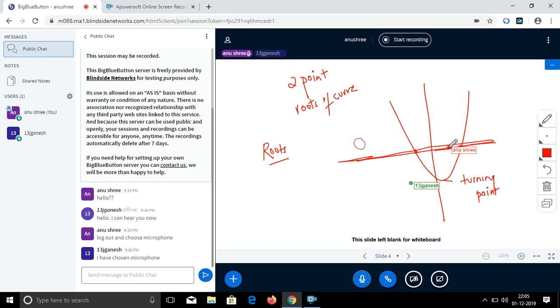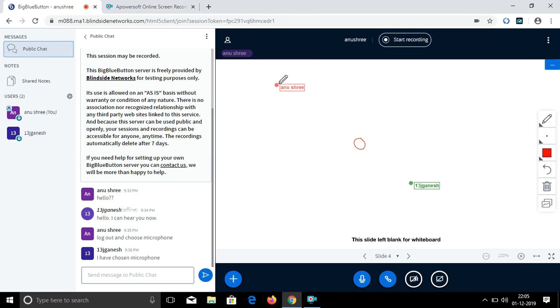So let me see the curve. Okay, this one. X squared minus x minus 6 equals 0.